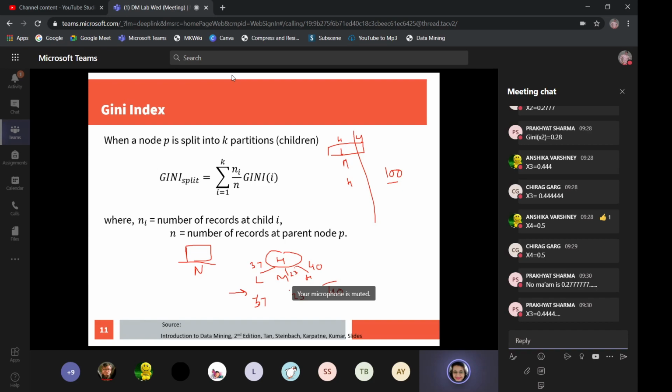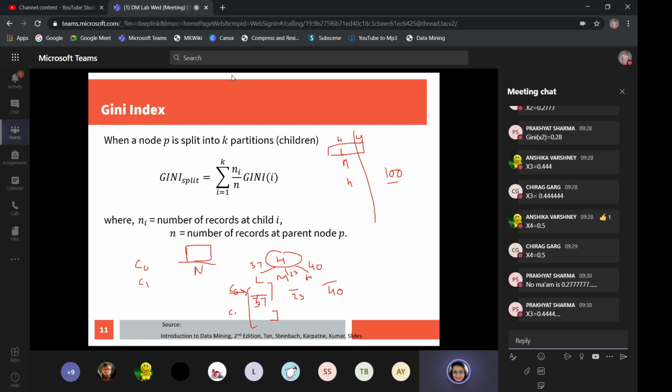And then you will find out what are the number of records that belong to class C0 and C1. So the number that belong to C0 and C1 out of 37, and you will compute the Gini index.